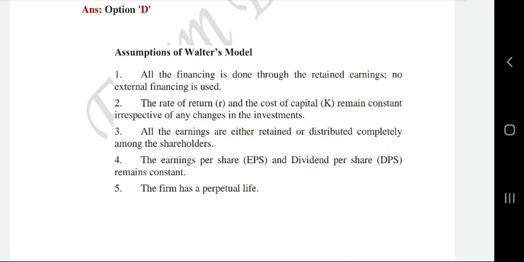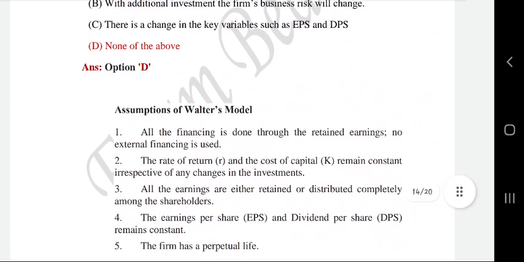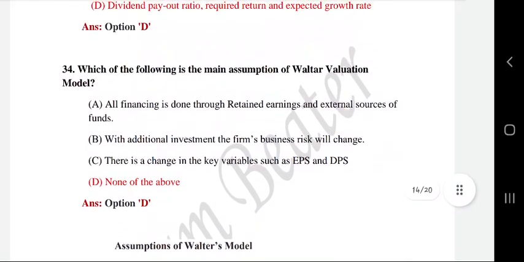All the earnings are either retained or distributed completely among the shareholders. The earnings per share and dividend per share remain constant. The firm has a perpetual life. These are the assumptions of Walter's model.